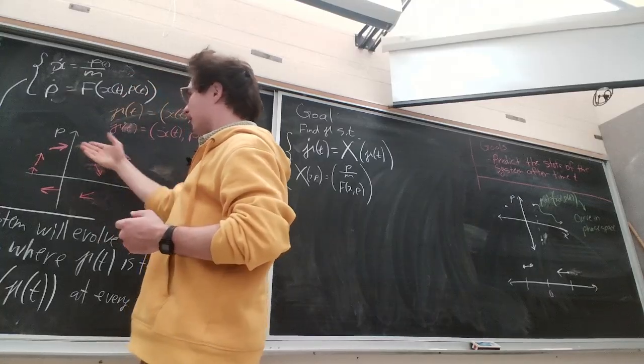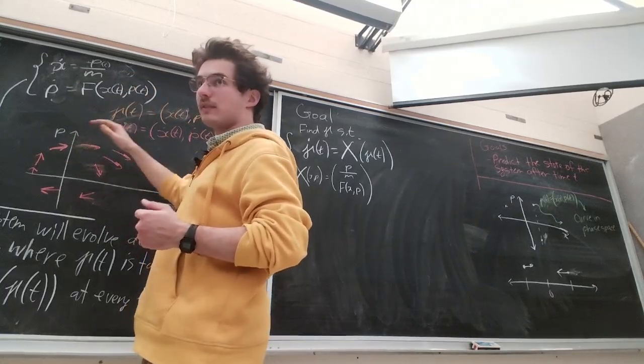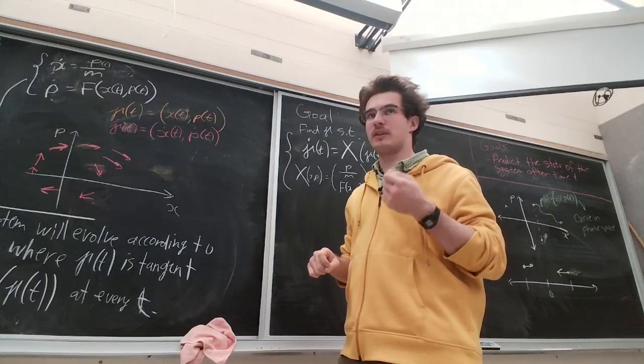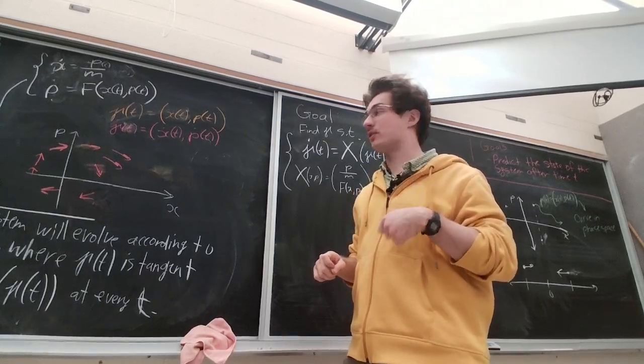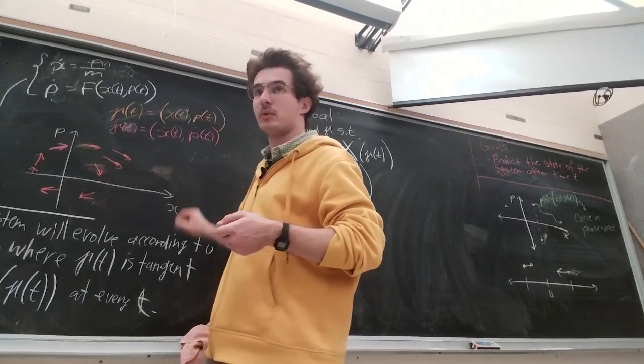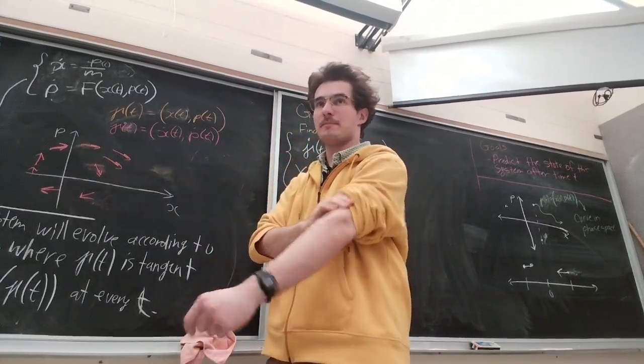Do you agree? So I have some vectors in my phase space. And so the goal of finding the trajectory of my system through the phase space, so how the state evolves in time, is just drawing a curve that is tangent to each of these vectors at every point in time. Okay?